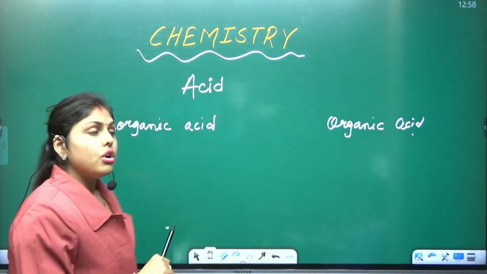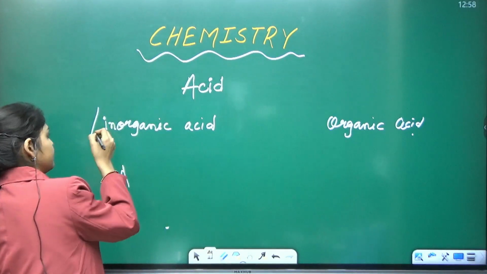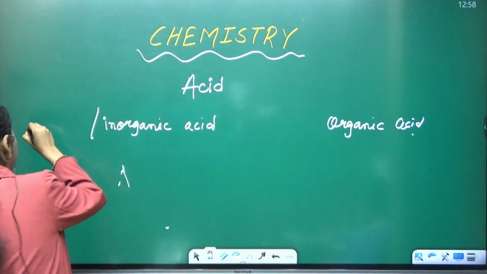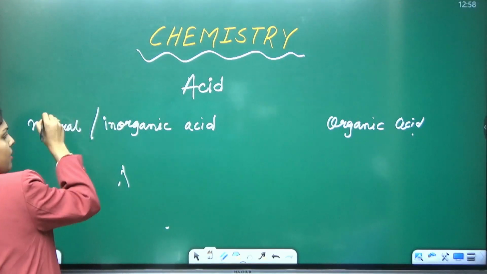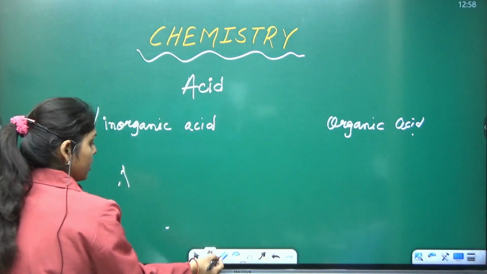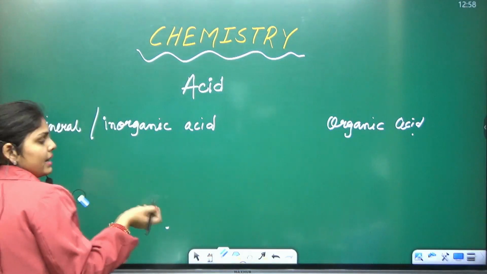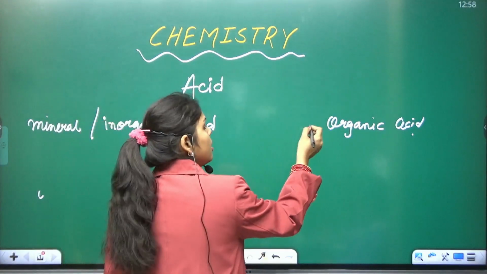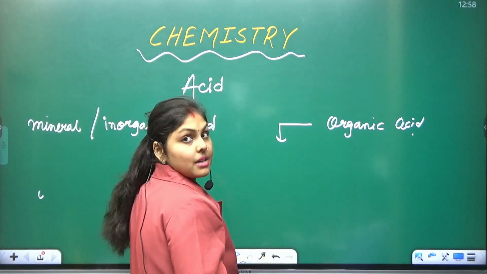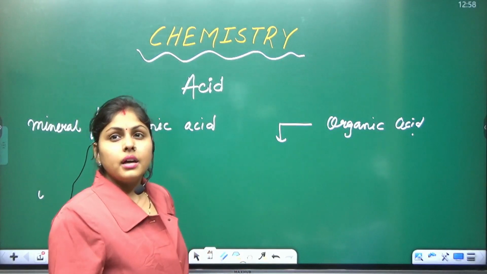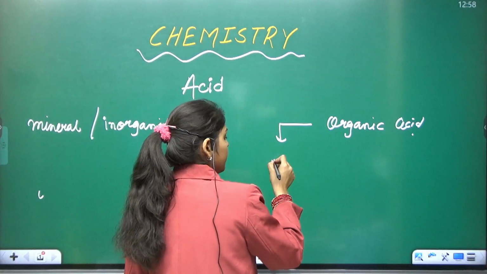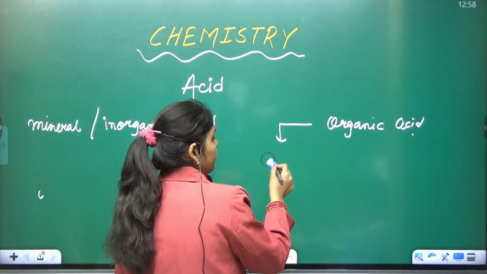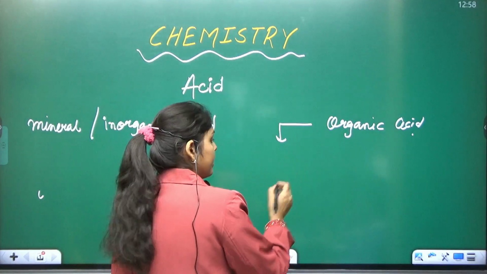These inorganic acids are also called mineral acids. Why? First we will discuss organic acid. So organic acids are substances which are obtained from nature, natural.